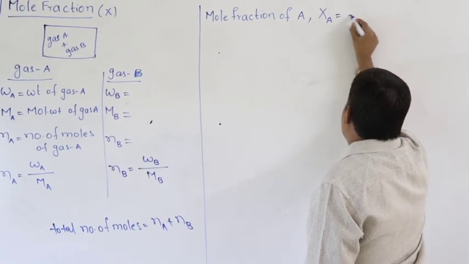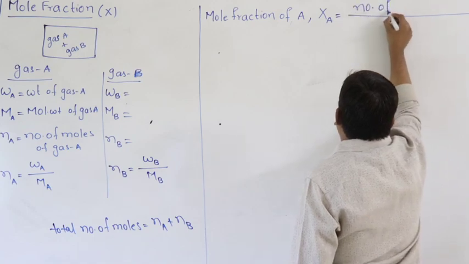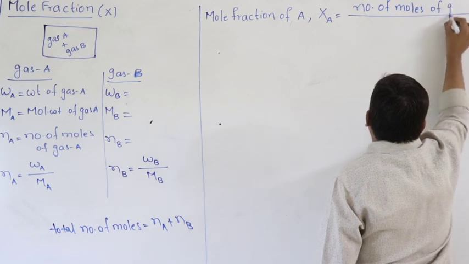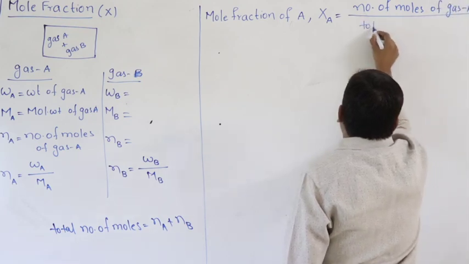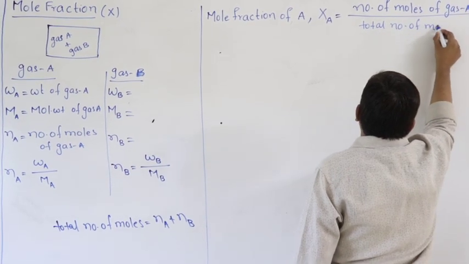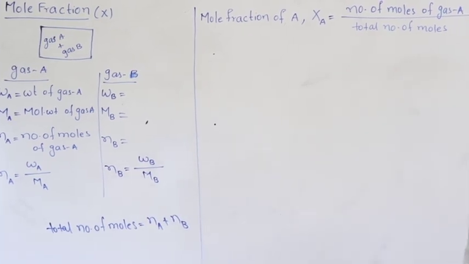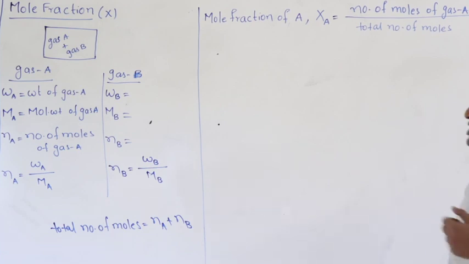It is defined as number of moles of gas A by total number of moles. So the fraction of total number of moles of a component, we call it its mole fraction.